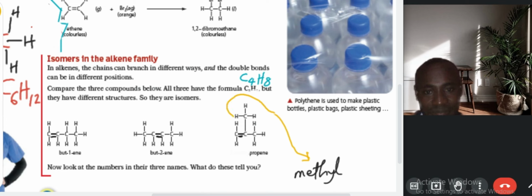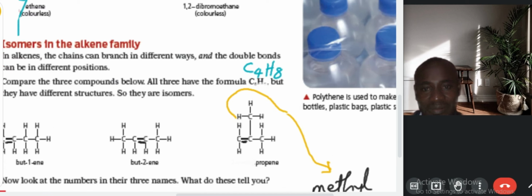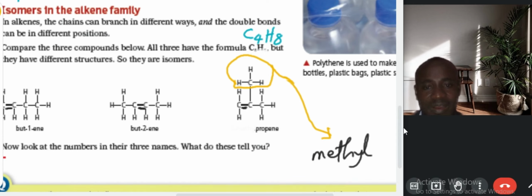This part. Okay, let me zoom in properly so that we see it better. This whole place that has taken the place of the initial hydrogen atom is a methyl because it has 1 carbon atom.